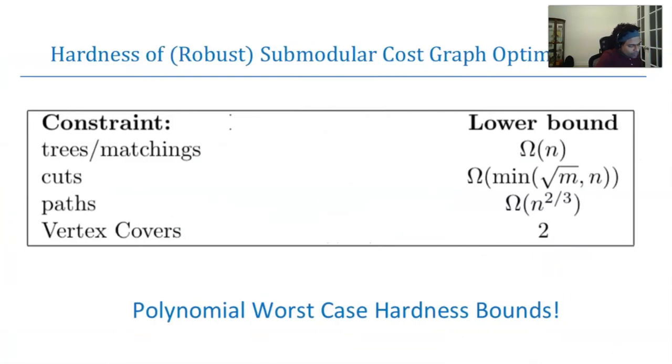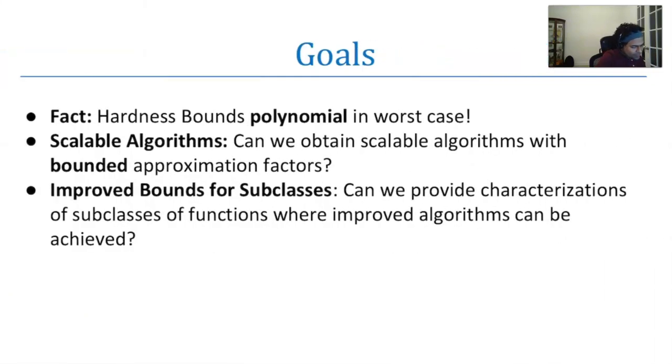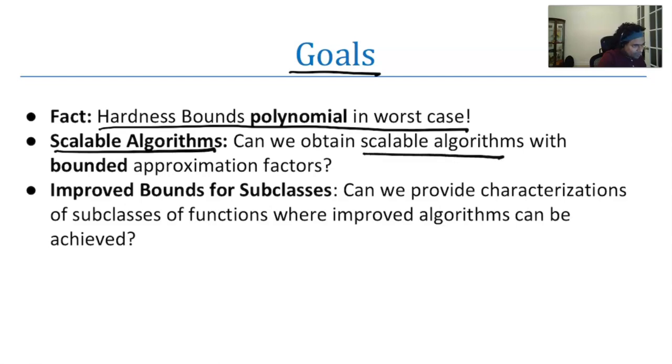All right, so it turns out that this problem, even without the robustness, actually is very hard. These are all polynomial hardness results, so this is pretty pessimistic. The goals of our work and of this paper, given that the hardness bounds are polynomial in the worst case, are first, can we obtain algorithms that are scalable and have bounded approximation factors?